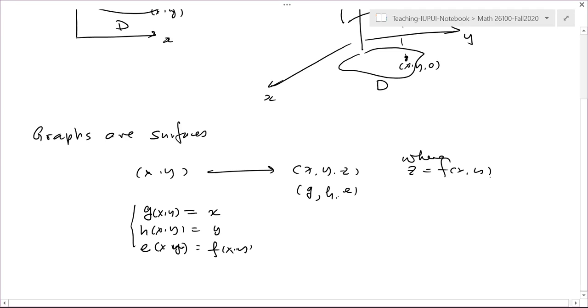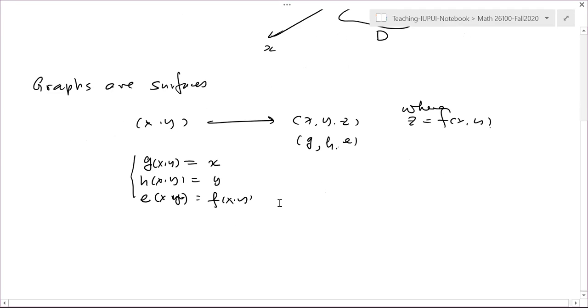Okay, so you have a map, right? And this map, this point is also denoted by r, okay? That means if you want to describe this map as a vector function, it's going to be g of x, y, h of x, y, and e of x, y, usually with three components, right?